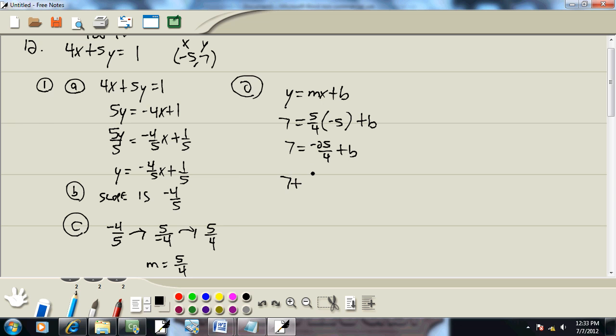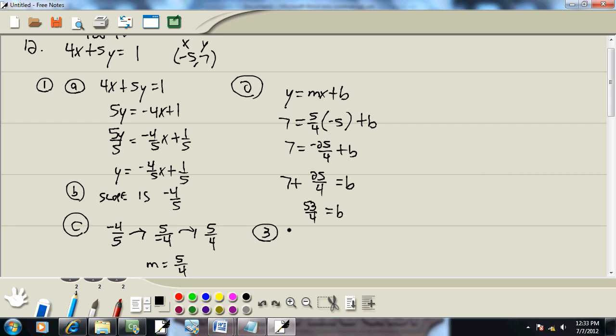I'm going to take the -25/4 to the left side, and it becomes +25/4. Now this is a mixed number. We can take 7 times 4, which gives us 28, and add 25, and that gives us the top part: 53/4. Again, I took the number out in front times the number in the bottom, 7 times 4 is 28, and I add the 25, and that gives me that.